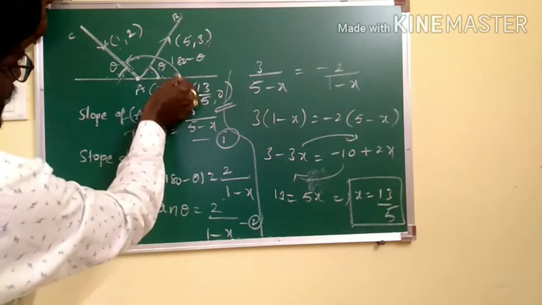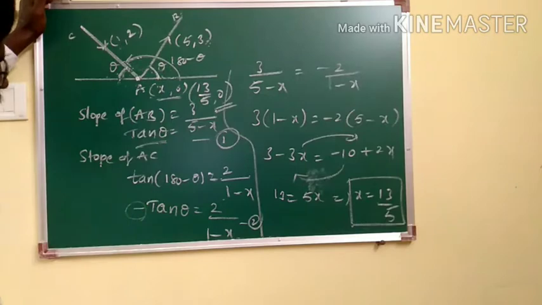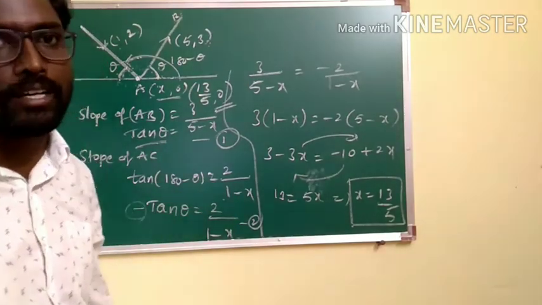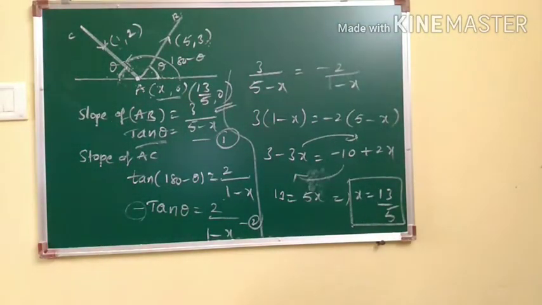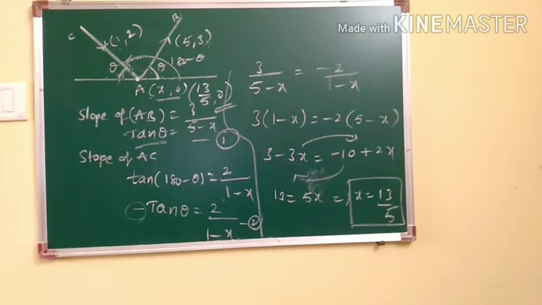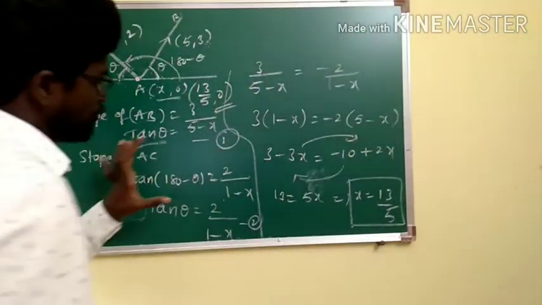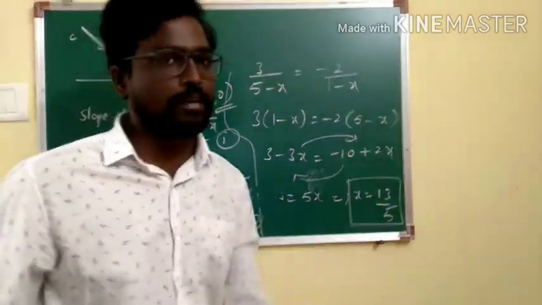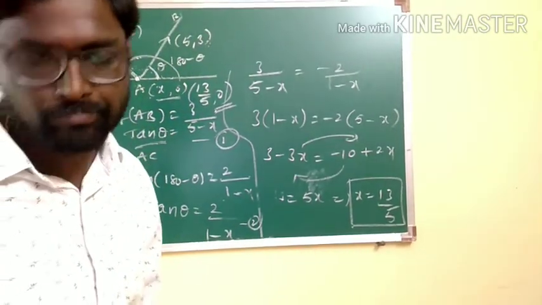But the angle is 180 minus theta, because this complete angle is 180 and this is theta. Therefore, tan 180 minus theta, and 180 minus theta lies in the second quadrant. In the second quadrant, tan theta is negative, so minus tan theta is equal to 2 by 1 minus x, and hence on taking tan theta we get minus 2 by 1 minus x. On both sides, the left hand side is tan theta only, so making the right hand sides equal we get 3 by 5 minus x is equal to minus 2 by 1 minus x, and hence we get x is equal to 13 by 5.